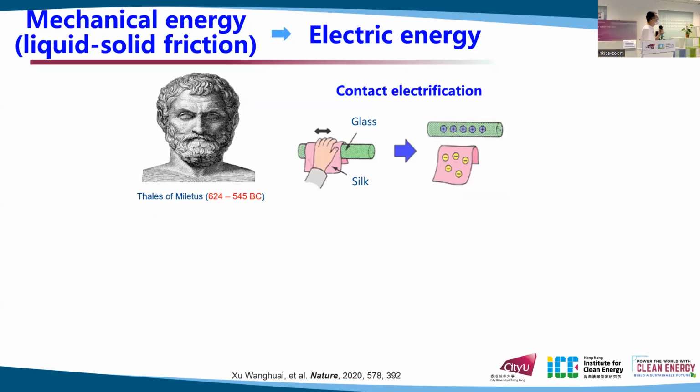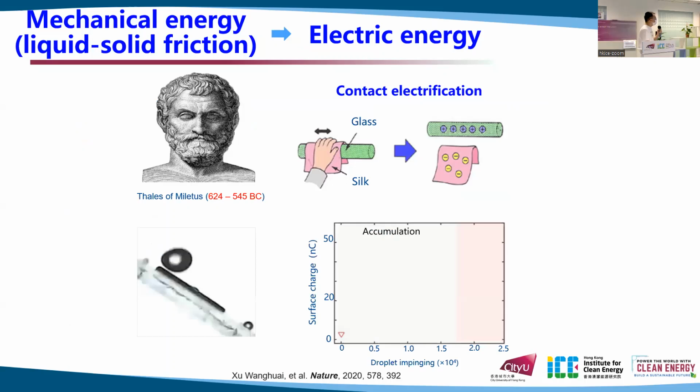Our method leverages the ancient triboelectric effect, which has been known for 2,000 years. When we bring two objects into contact and separate them, positive and negative charges can be generated on the two objects respectively. Such an effect also applies between water and solid.